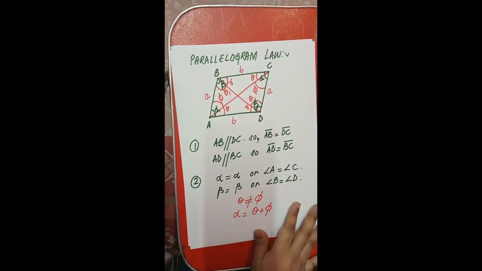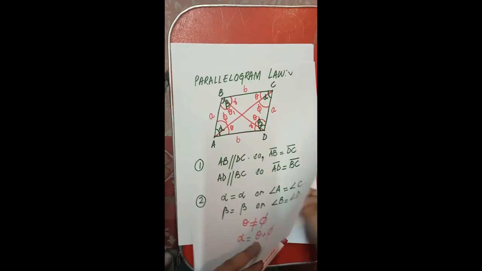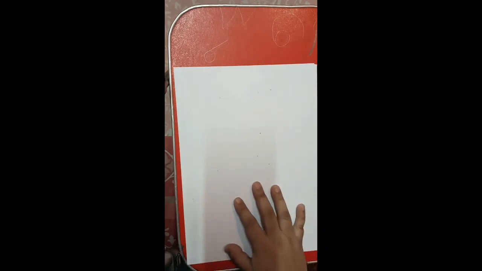So if we have more than one force on any origin, two or more forces acting on an origin, what we have to do is apply the parallelogram law method. So how can we apply it?